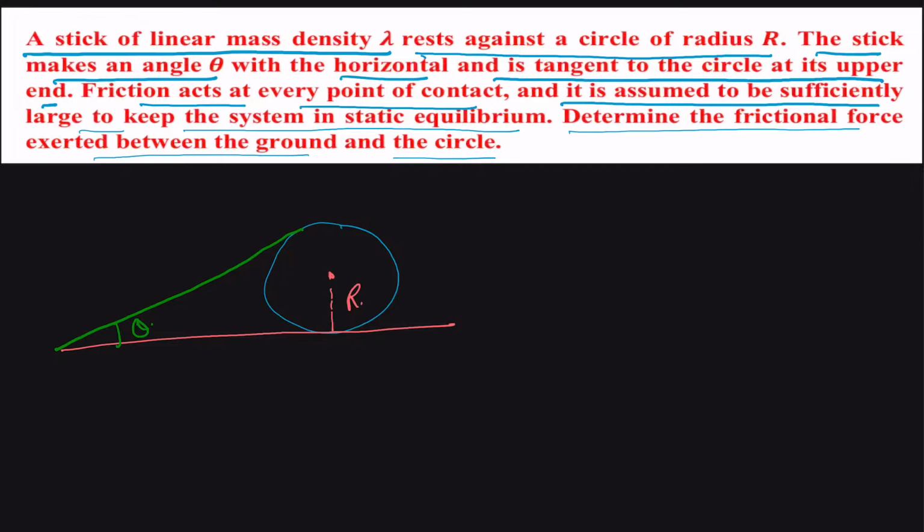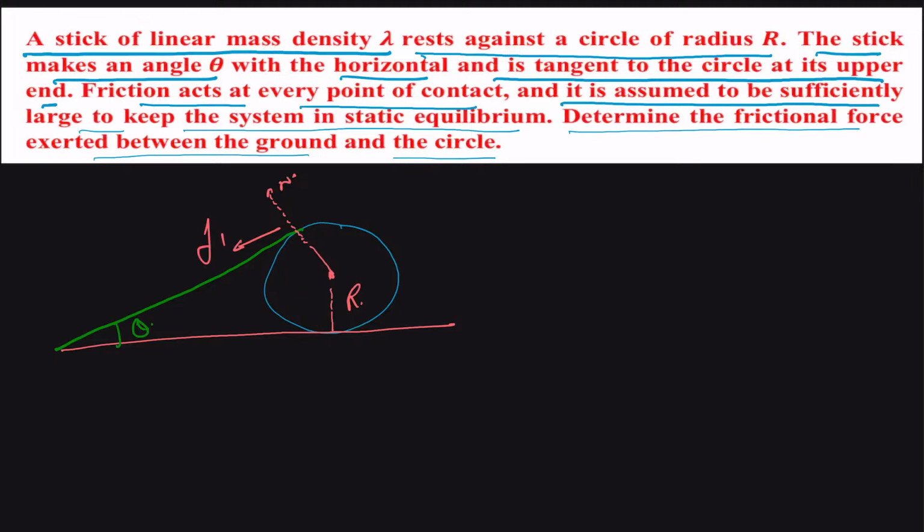The various forces that will be acting in this system: first one will be the normal at the point of contact of the stick and the circle, and there will be a frictional force.